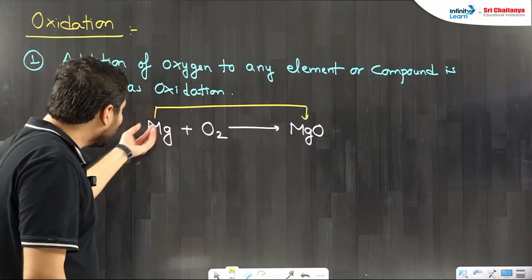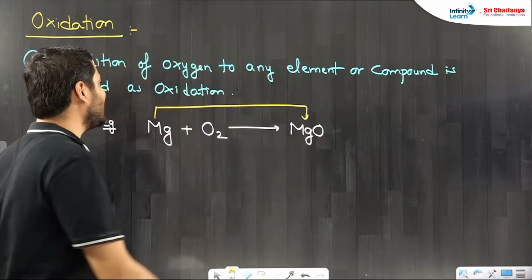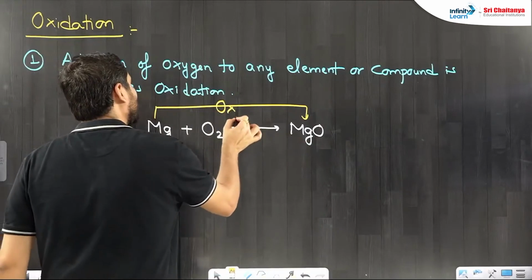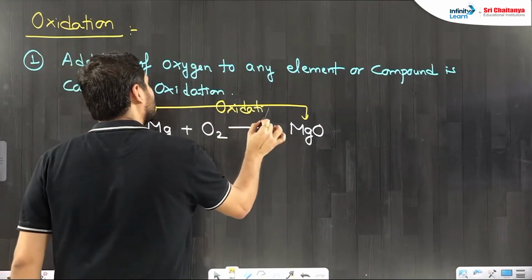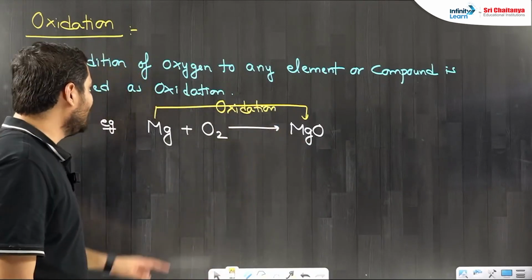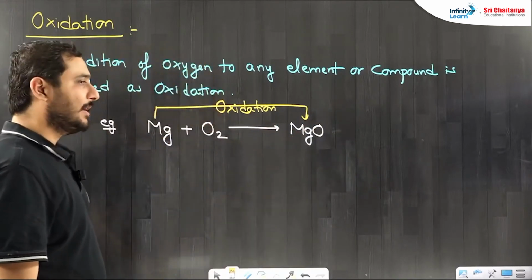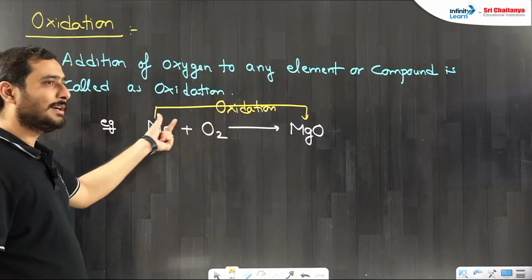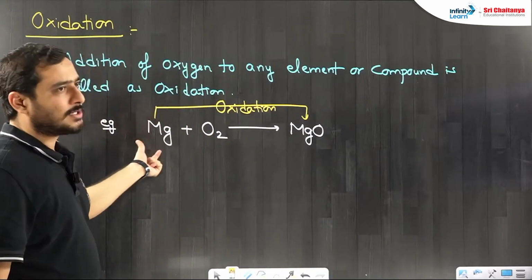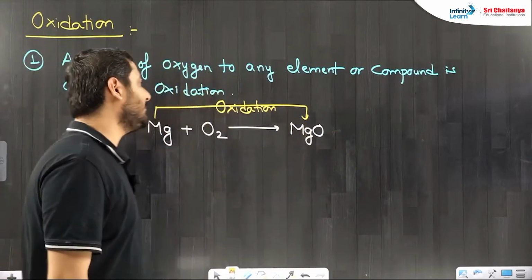It means what is added from Mg to MgO? Oxygen is added. So this process will be termed as oxidation. So we say here that magnesium is getting oxidized and gets converted to MgO.